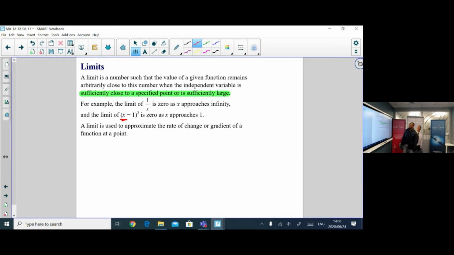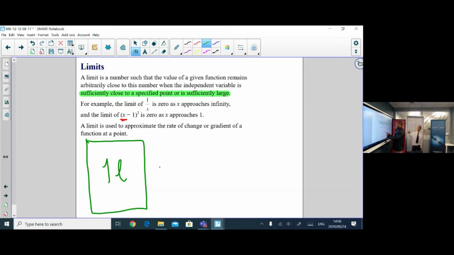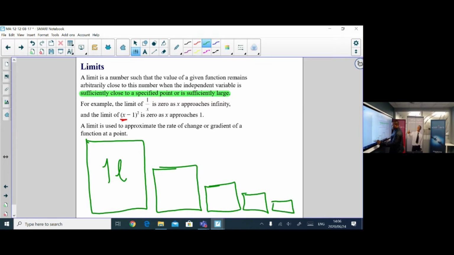Arguments have been put forward in different riddles. If you have 1 liter, for example, and you divide it into half, and then you divide that half into a quarter, and that quarter into another half, and you continue on and on, you can see that you can never finish the water in the container.